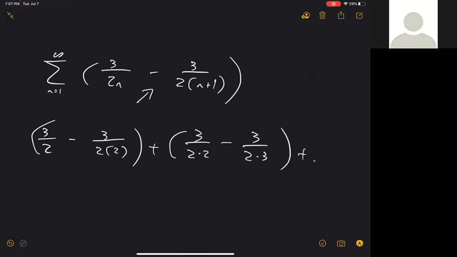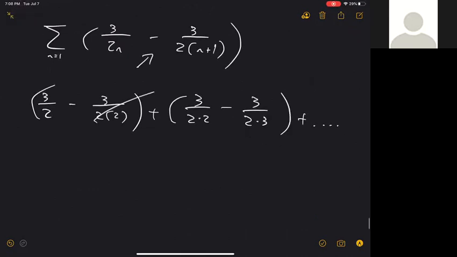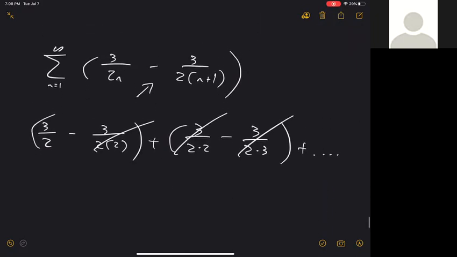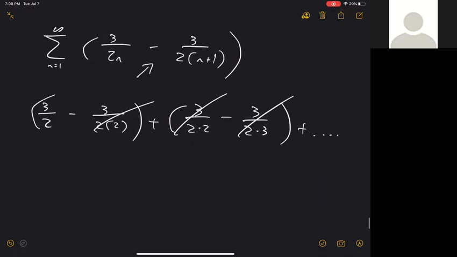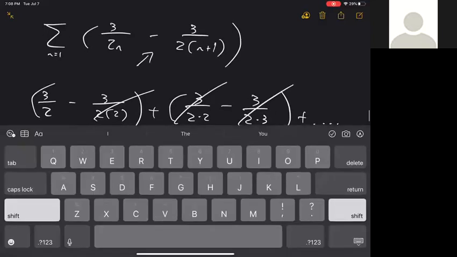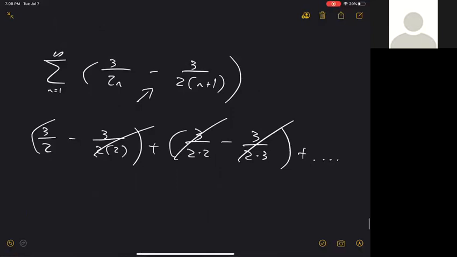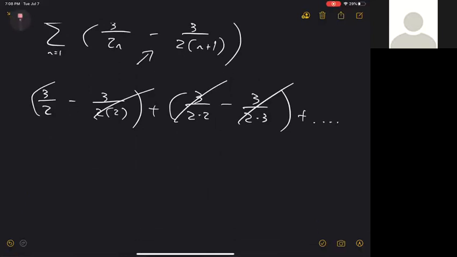So yeah, it looks like a telescoping series, and a lot of this stuff is going to cancel, right? And then I expect this is going to cancel, and so on. What you need to do is verify that the stuff that's going to be left over, like if I added up the first 3 terms, okay, the next term would be what?